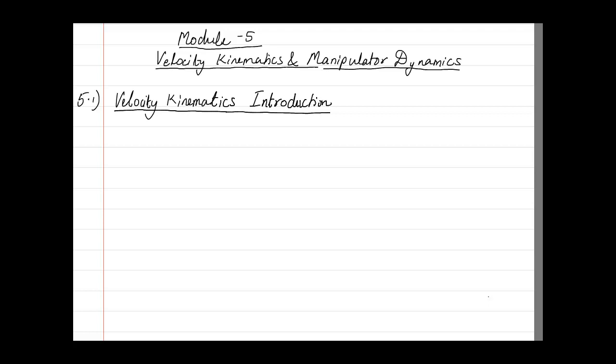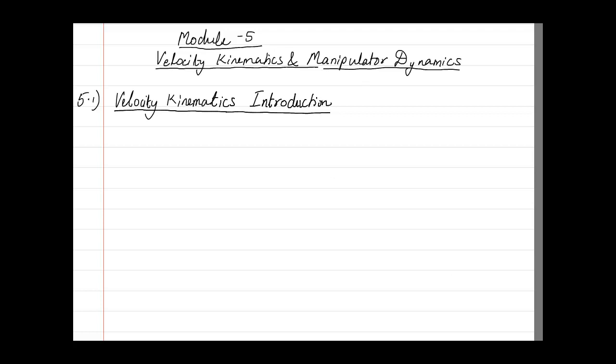The first thing is that in the third module as well as in the fourth module, that is in the previous topics that we have discussed, we have decided on what should be the equation that represents the position and orientation of the end effector of any manipulator or robot.